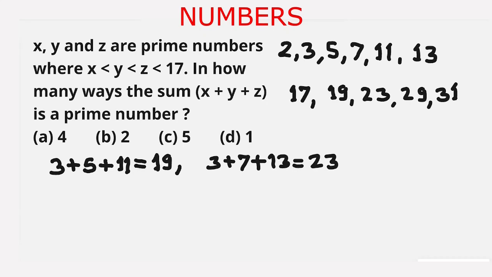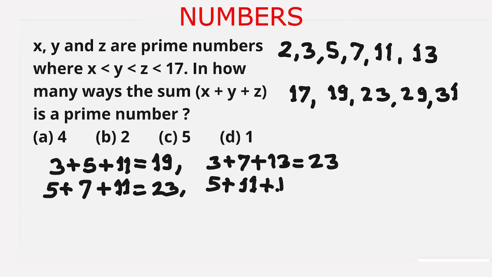Now we start with 5. 5 plus 7 is 12 plus 11 is 23, and 23 is prime. So our next set will be 5 plus 7 plus 11 equal to 23. Then our next set will be 5 plus 11 plus 13, which is equal to 29, and this is also prime. 5 plus 11 is 16 plus 13 is 29.